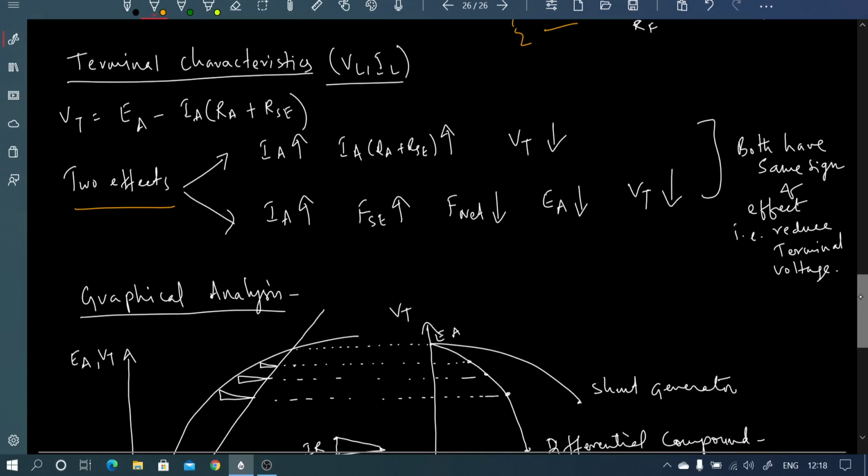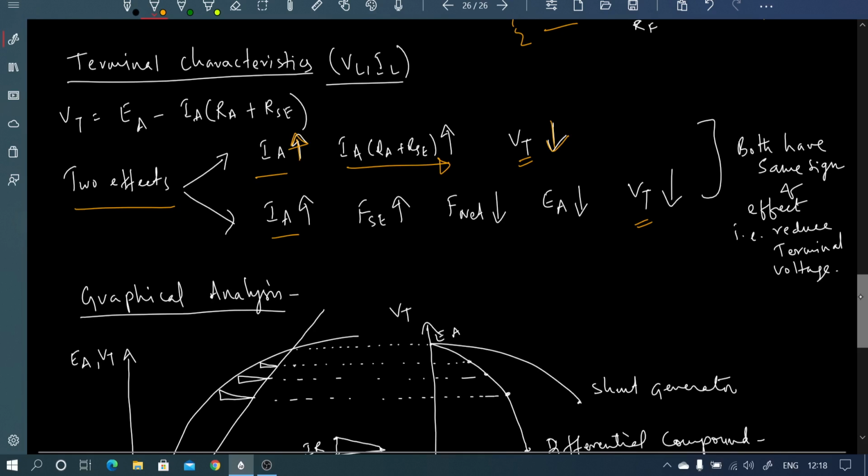But in differential compound both have a similar effect, and it is opposing in nature, that is it reduces the terminal voltage with increasing armature current. So I say with the increase in armature current the drop is increasing, which actually reduces the terminal voltage.